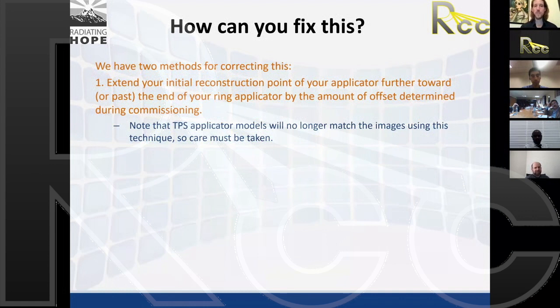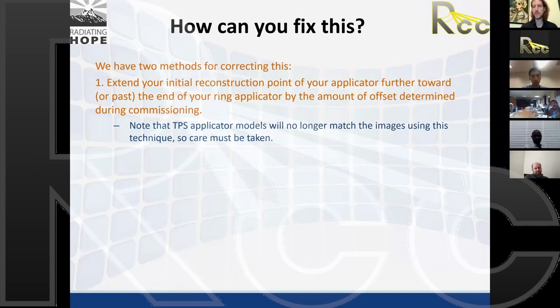We have two methods. First is you can extend your initial reconstruction point of your applicator further towards or past the end of your ring applicator by the amount of offset determined during commissioning. This is what Claire alluded to previously and what Ben briefly spoke about yesterday.